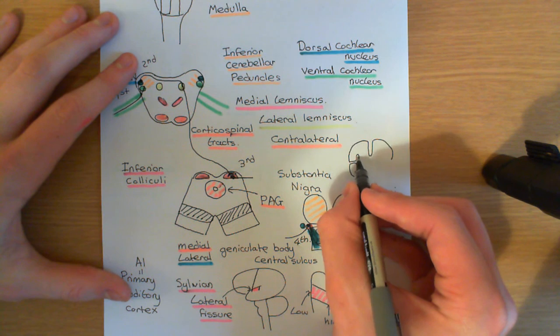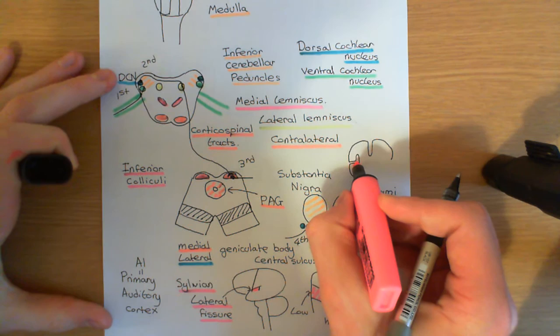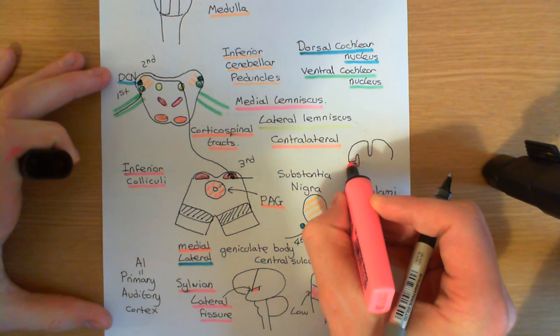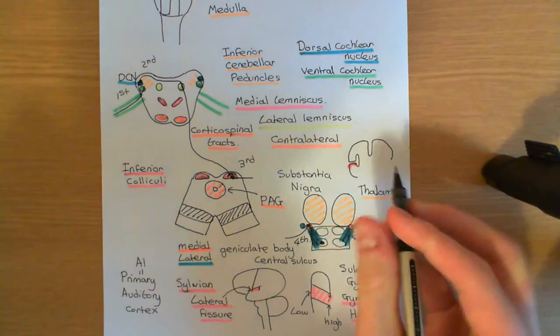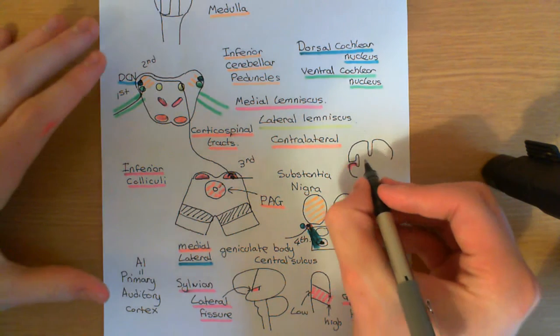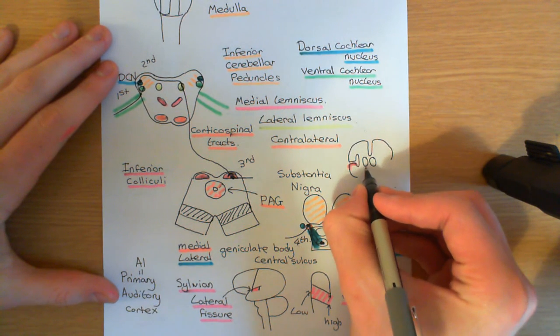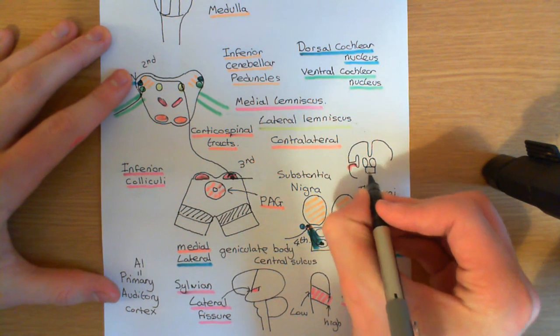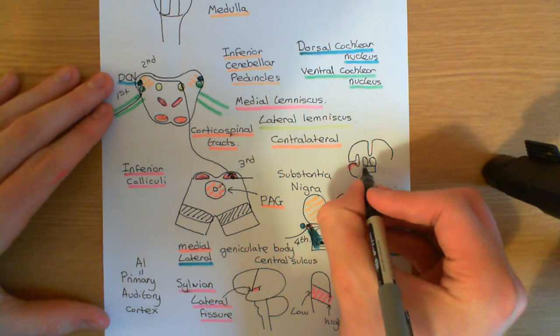Then of course we've got the bit where the lateral fissure opens up and you've got the insular cortex facing here. Here is the gyrus of Heschl, facing into the lateral fissure. Now let's add on our brainstem structures here. So we'll have the thalami here, and then we'll have midbrain underneath that, etc. And now we can put the medial geniculate nucleus there.